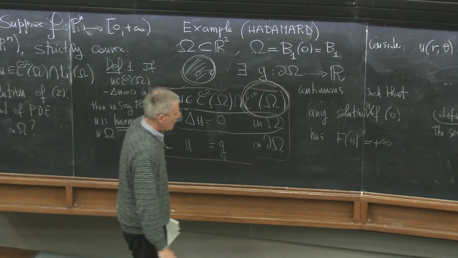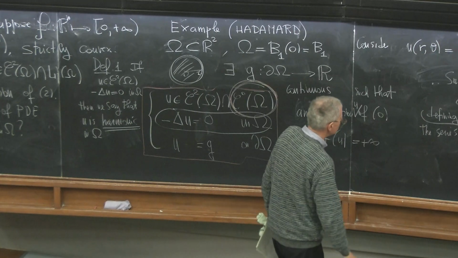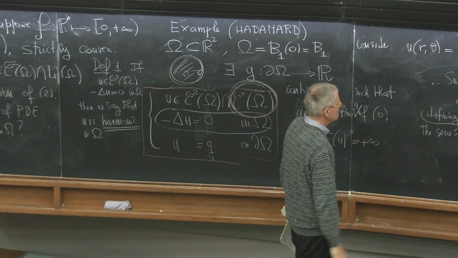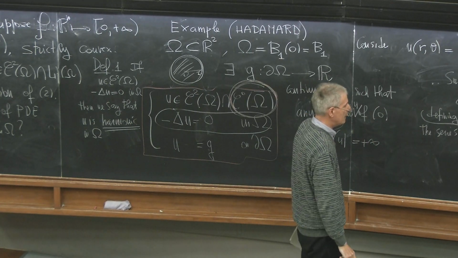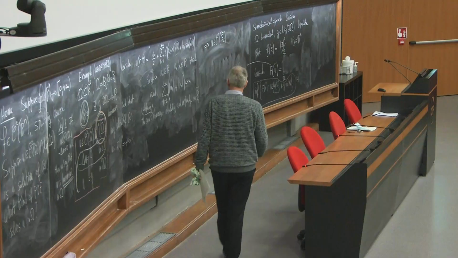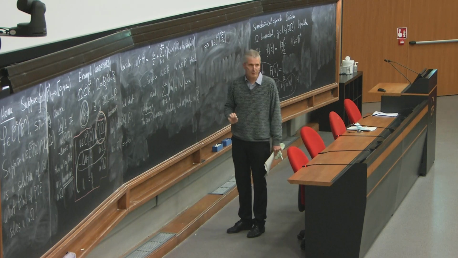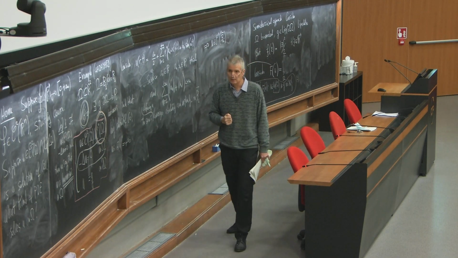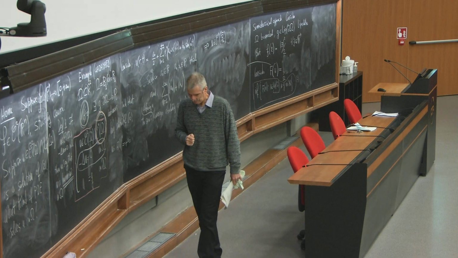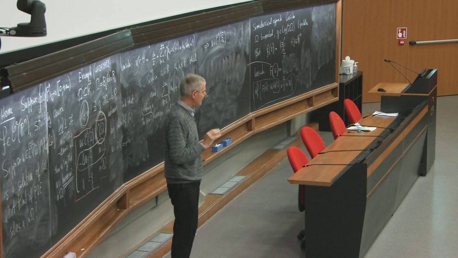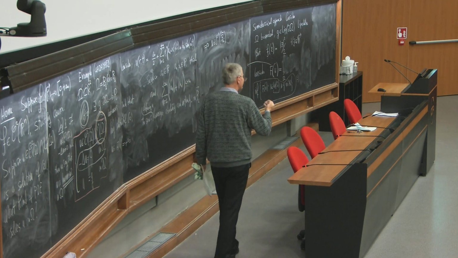Now, I would like to be able to say that u is harmonic in omega. How can I say that this u is harmonic inside? I'm anticipating things that I will say in the next lecture.